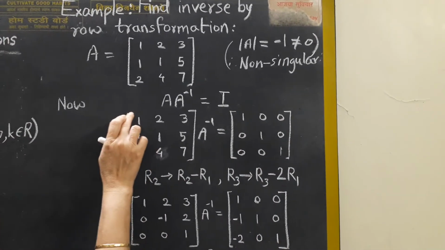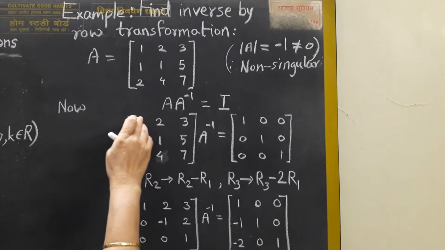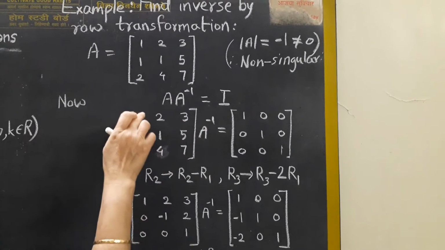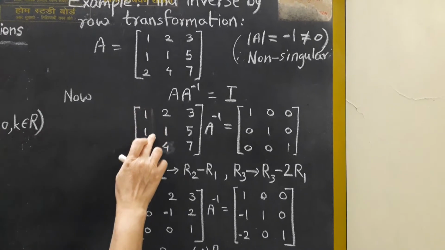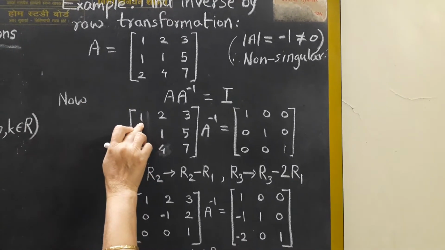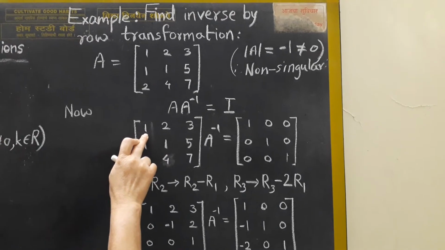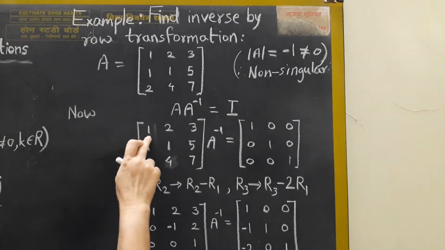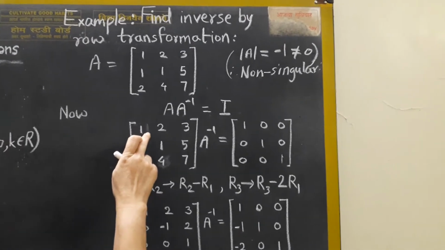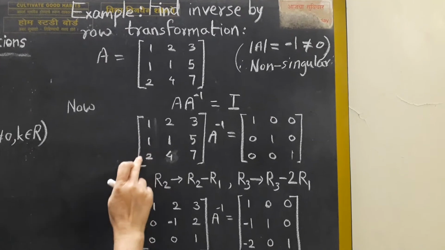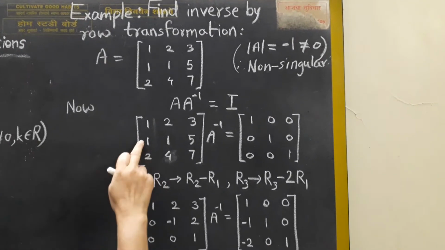Now the first thing is that we have to convert the whole matrix into an identity matrix. So we will first complete the first column. Check that 1 already exists, so there is no need to convert any other element into 1. Now we are supposed to convert these two elements into 0.